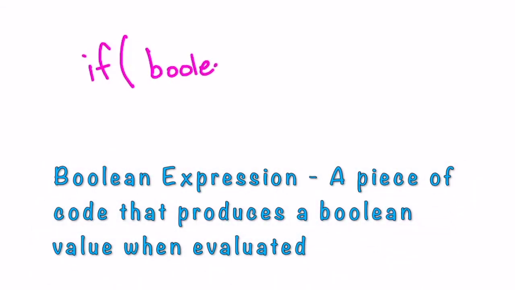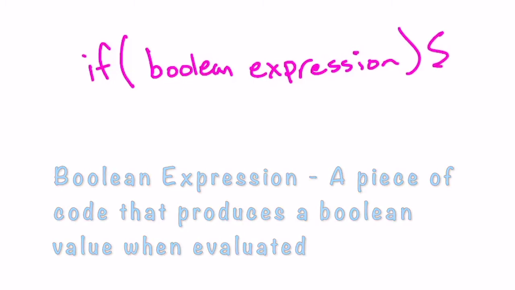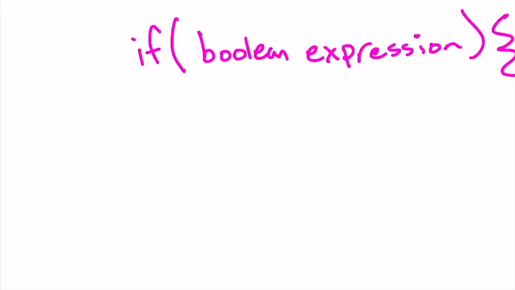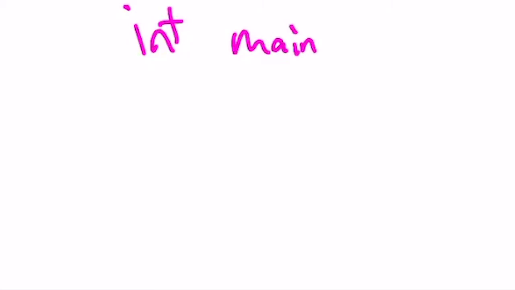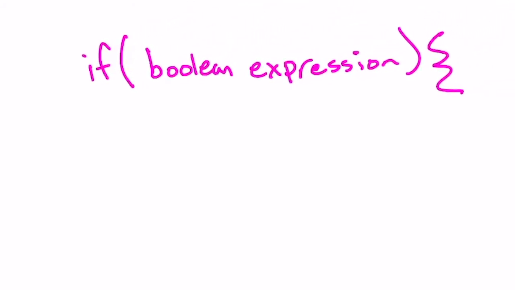It is written in the format if, parenthesis, Boolean expression, and then a bracket, similar to the bracket we use when we write int main. We use a bracket with the if statement, and we also need a bracket at the end of the if statement.